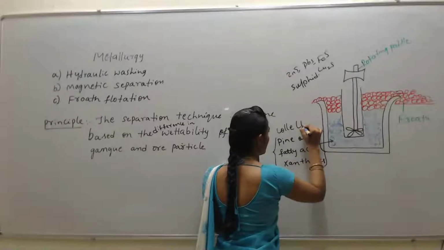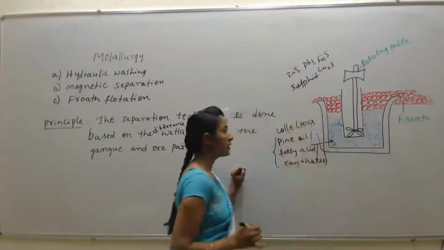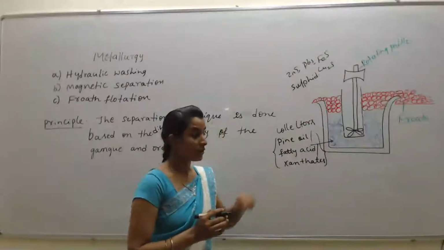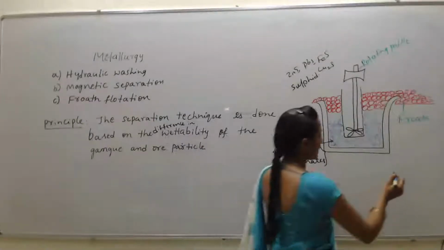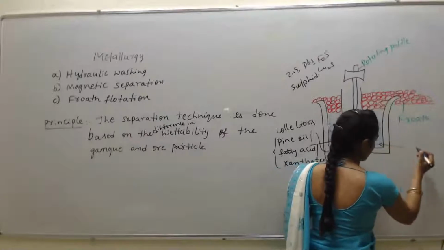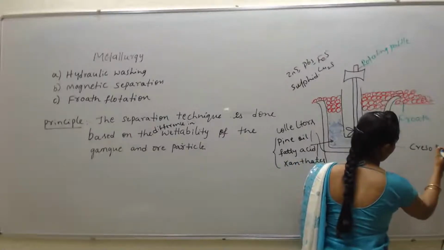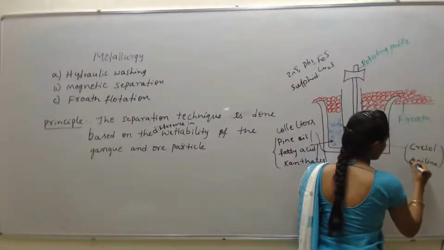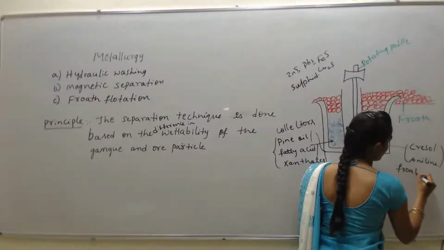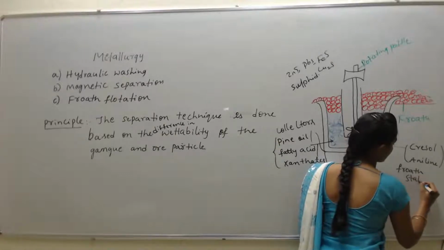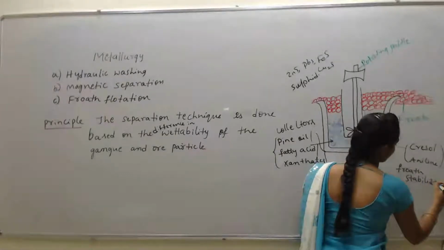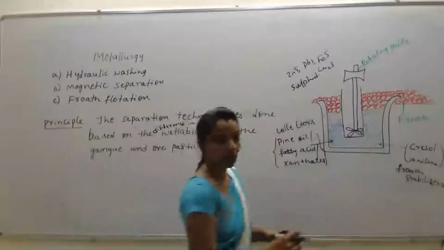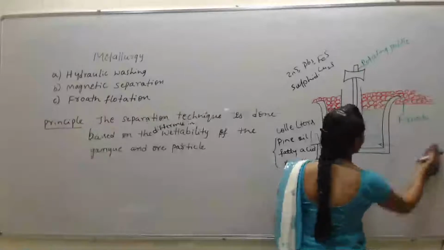These are called collectors: fine oil, fatty acid or xanthate. Along with the fine oils, cresol or aniline is added. These are froth stabilizers. Right here you will not see clearly.